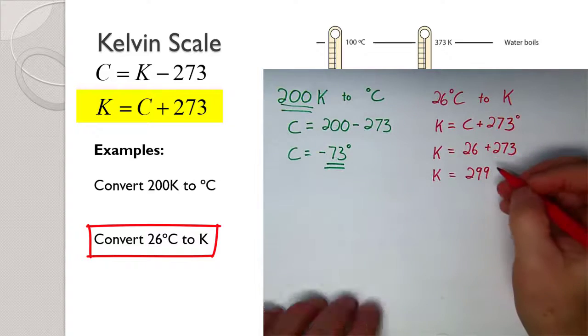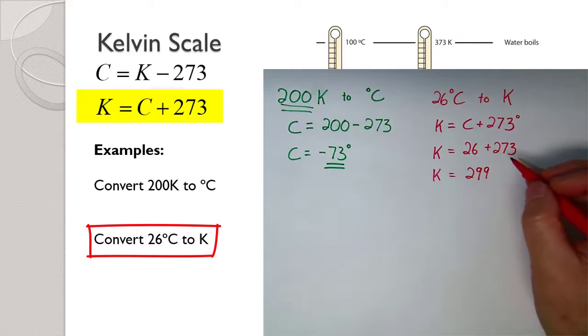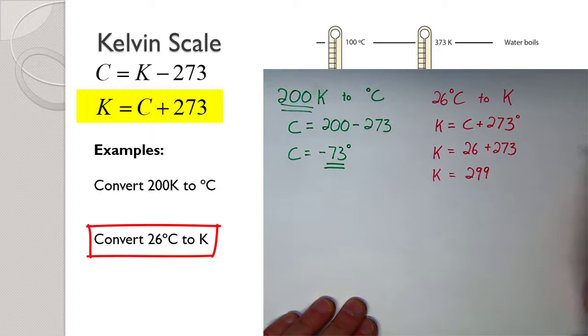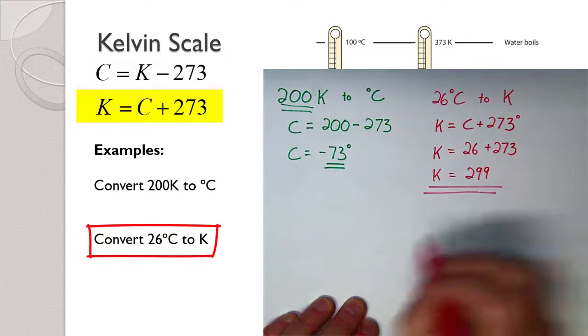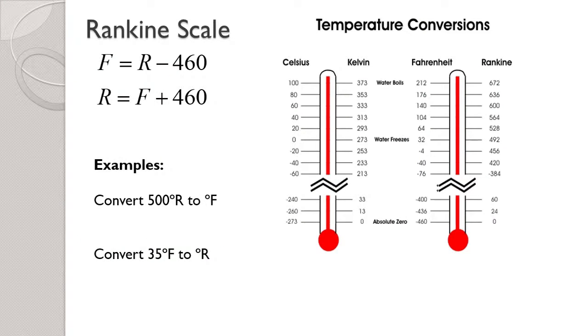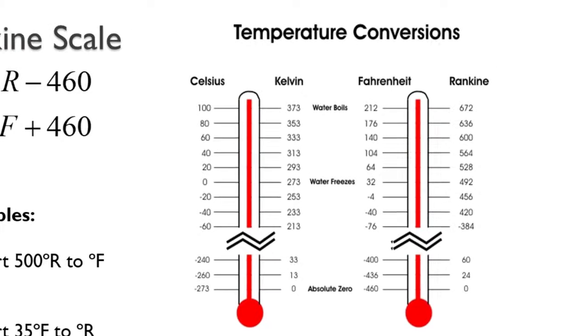And it's no big deal, but technically the units on Kelvin are just kelvins. They aren't actually degrees. And so we say 299 Kelvin, but we don't actually call them degrees Kelvin. No big deal. The Rankine scale uses the exact same idea, but it does so based on the Fahrenheit scale.